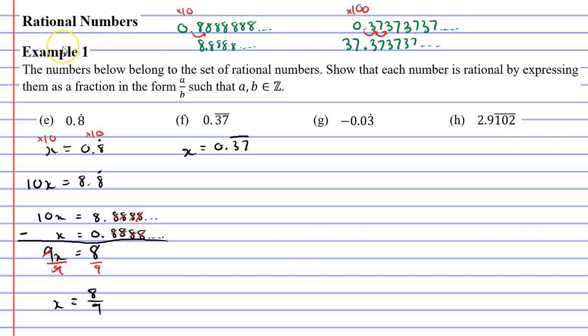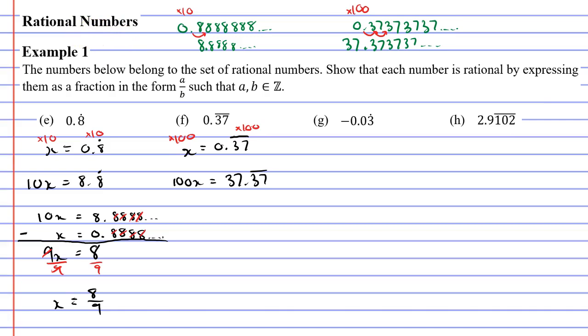All right, so we know that we need to multiply by 100 this time. The reason we know that is because I've got two decimals repeating, so I need two zeros. For the left-hand side, 100 times x is 100x. For the right-hand side, when we times 100, we get 37.37 repeater.